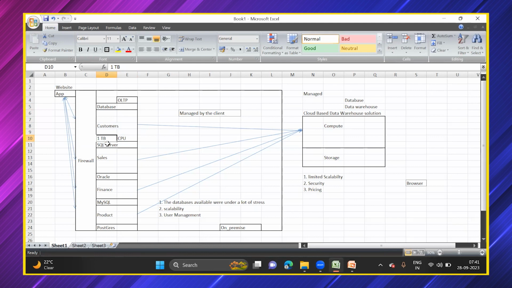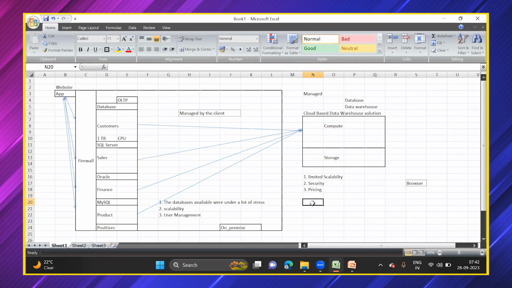So there is a point where we will say, okay, I cannot have it all in one database. Maybe we will go with two databases. But then you have to create one more database, create a link between them, do partitioning, and dump your data from one place to another. So it adds a layer of complexity to your existing system. Whereas in the cloud, you can increase or decrease your resources on the fly.